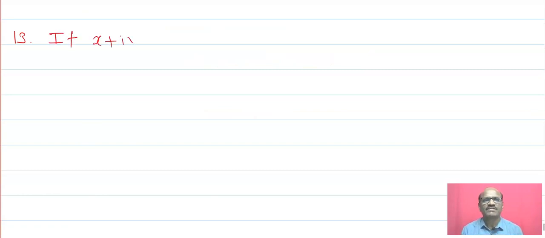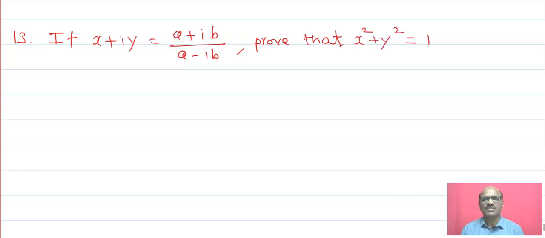Next is, if x plus iy is equal to a plus ib upon a minus ib, then prove that x square plus y square is equal to 1.